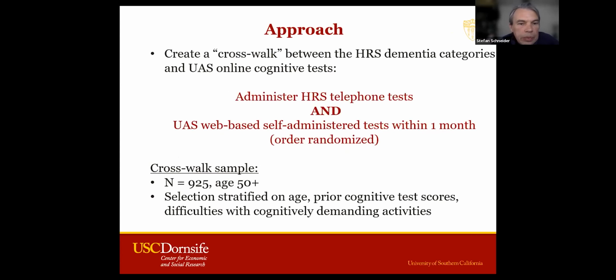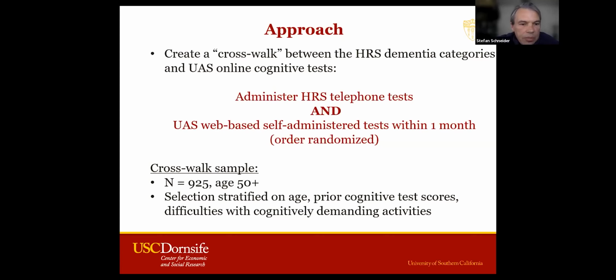So we did not just want to use the existing cutoffs, but decided to develop a crosswalk between the HRS dementia categories and our UAS online cognitive tests. We conducted a study where we administered the HRS tests via telephone with the UAS respondents, and then had the UAS respondents complete the tests over the web in randomized order within a 1-month period.